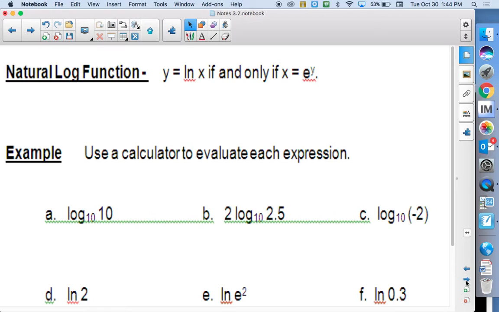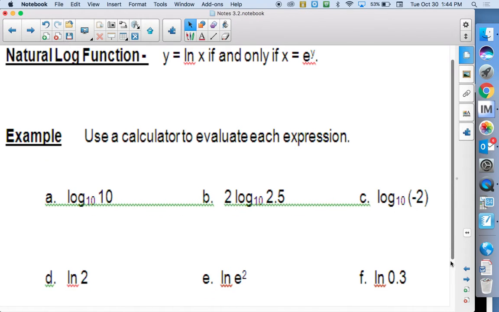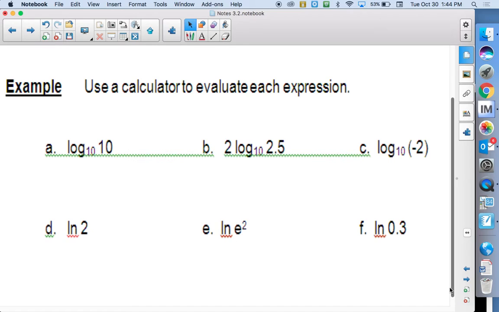So underneath, just to give you a little bit of calculator work, when you press the LOG button, which is on the left side, that's called the common log. That always has a base of 10 whenever you use that calculator button.